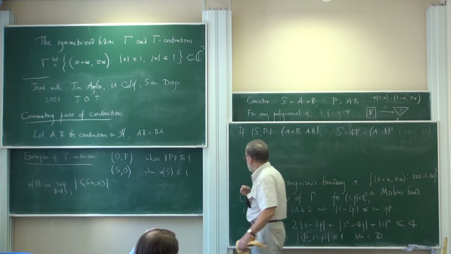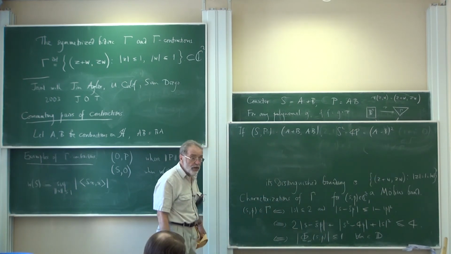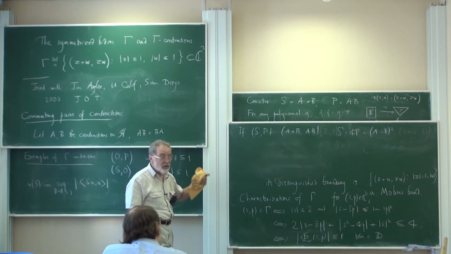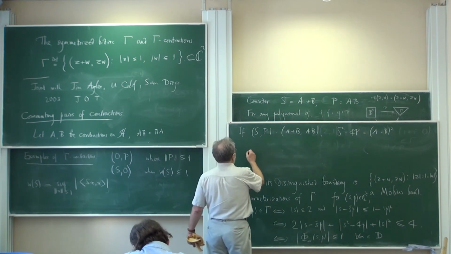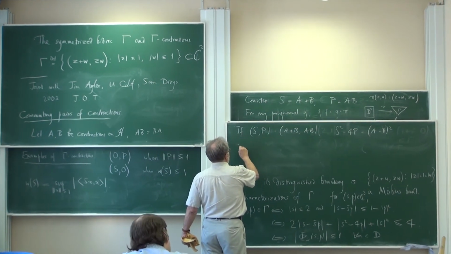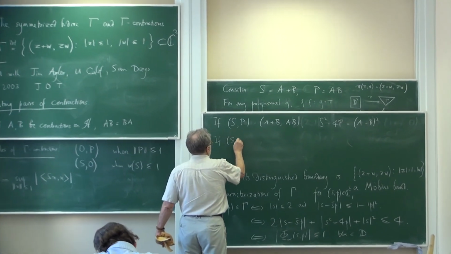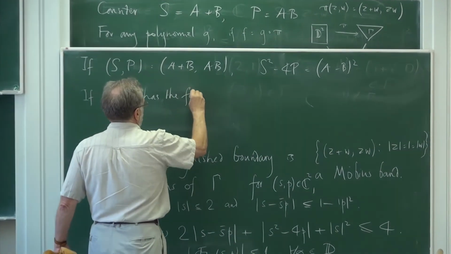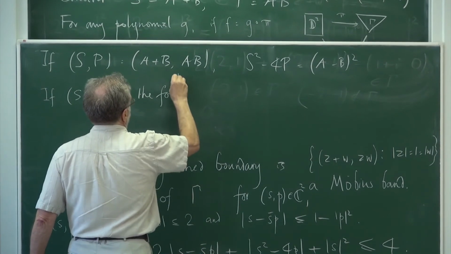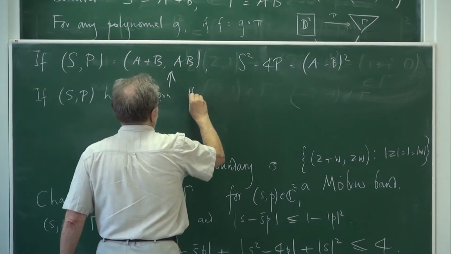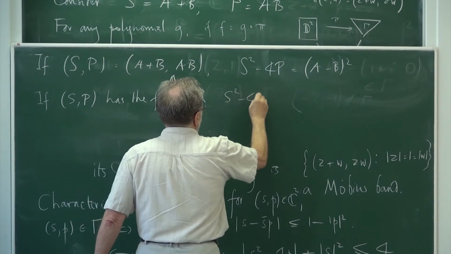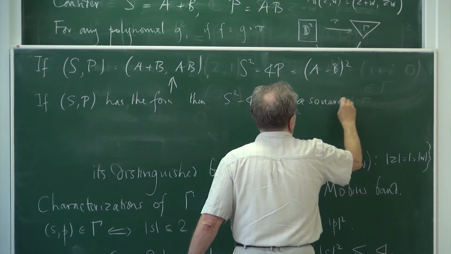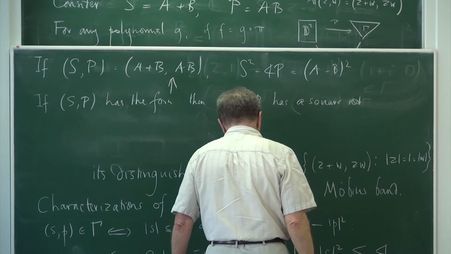And so that says that S squared minus 4P has a square root. And not only that, but that square root actually commutes with S and P. So if S, P has the form like that, then S squared minus 4P has a square root that commutes with S and P.